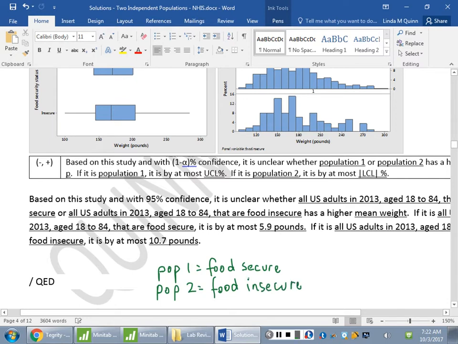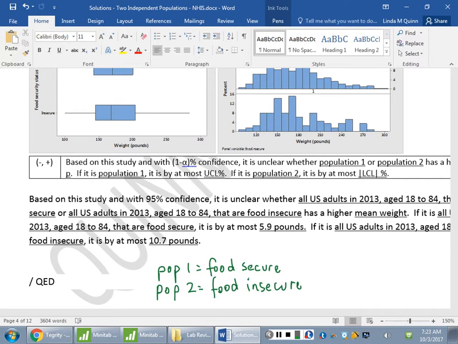So the first sentence says, because this is negative and positive, it's unclear whether adults that are food secure or adults that are food insecure have a higher mean weight. If it's population 1, if it's people that are food secure, it's by at most the upper confidence limit, which is the 5.9.